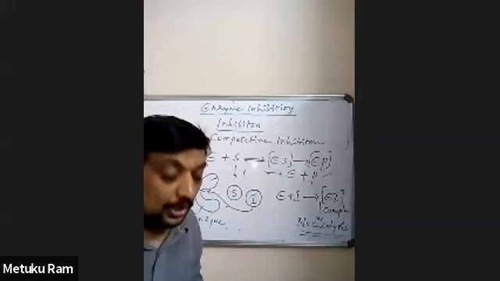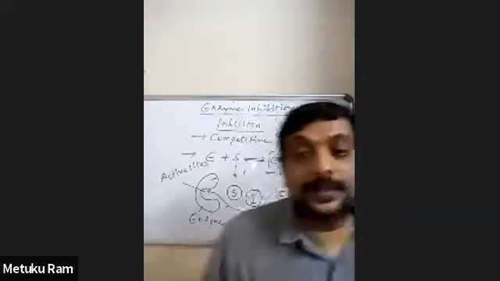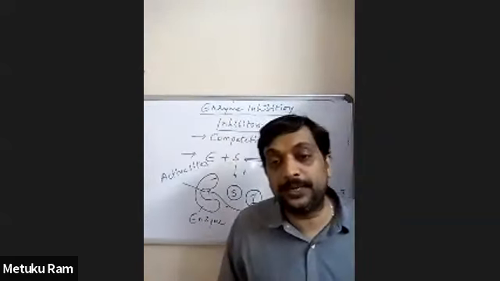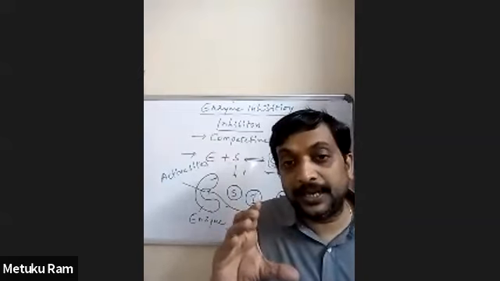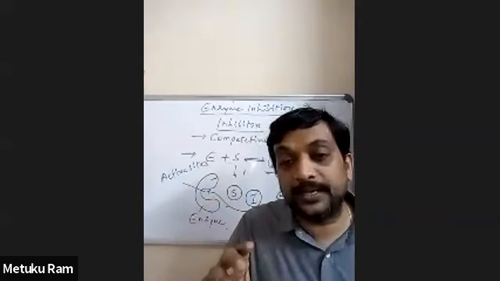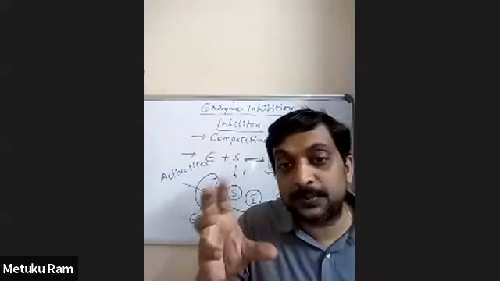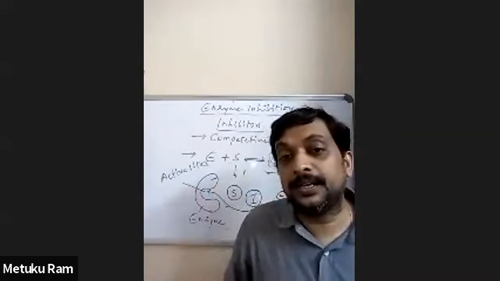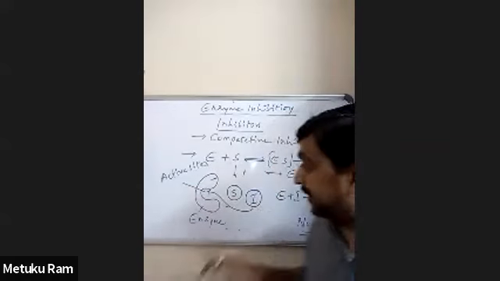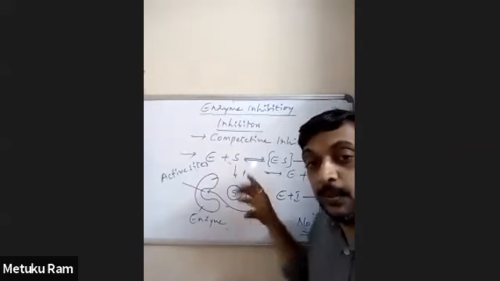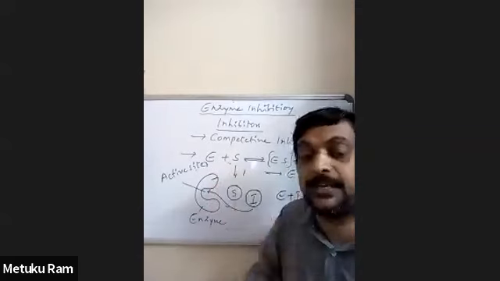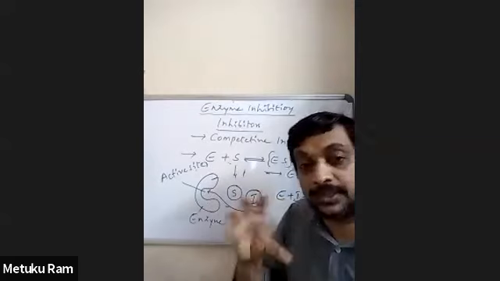Right? Now, how do we define competitive inhibition? Competitive inhibition can be defined in such a manner that the inhibitor and the substrate molecules both have structural resemblance; they are structurally similar.